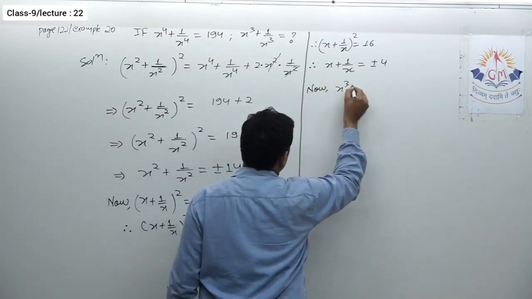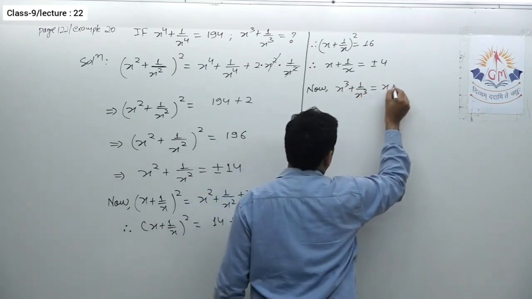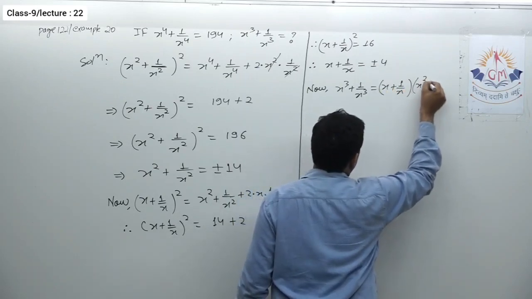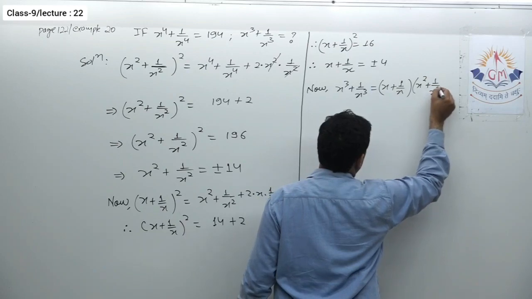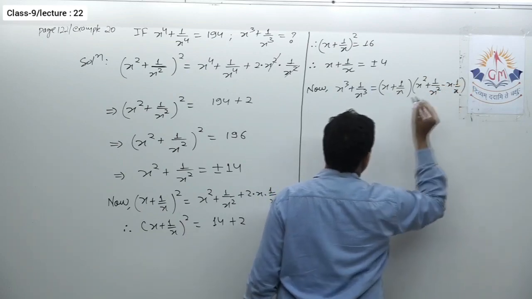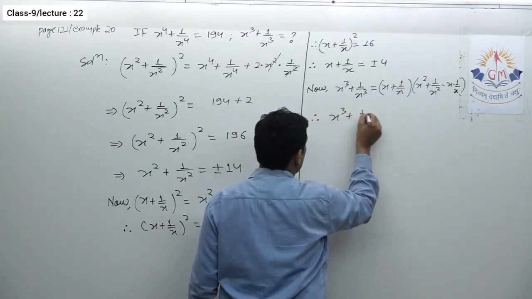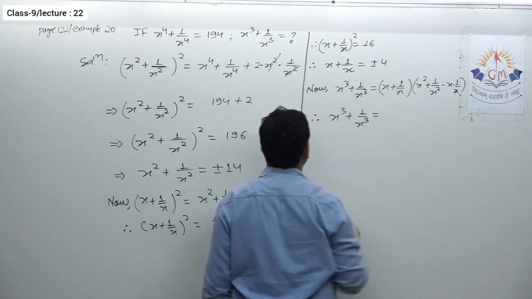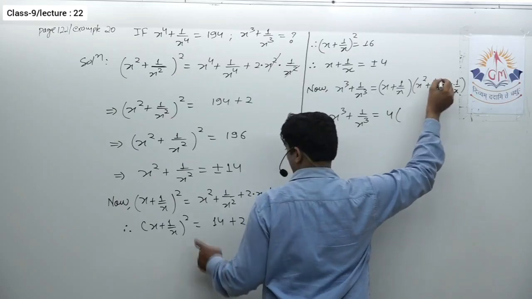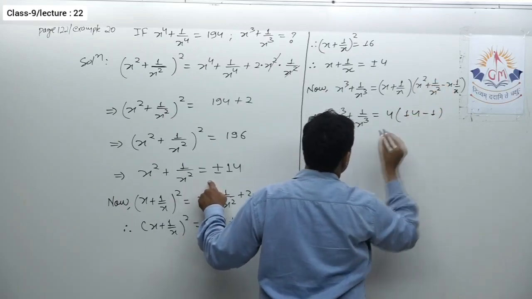So x cube plus 1 upon x cube is equal to (x plus 1 upon x) into (x square plus 1 upon x square minus x into 1 upon x). Therefore, at the place of x plus 1 upon x I will put 4, and at the place of x square plus 1 upon x square I will put 14 minus 1.